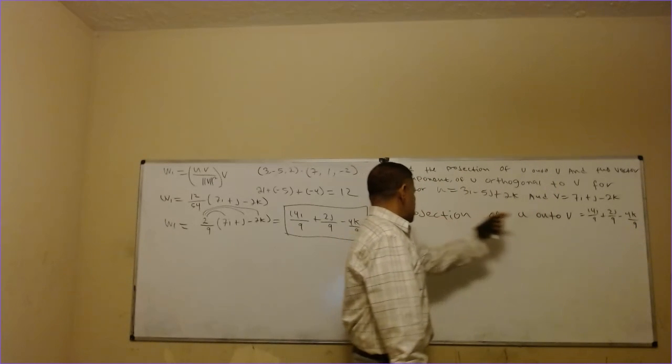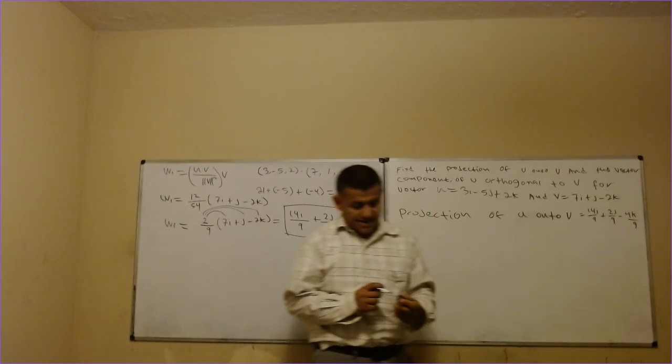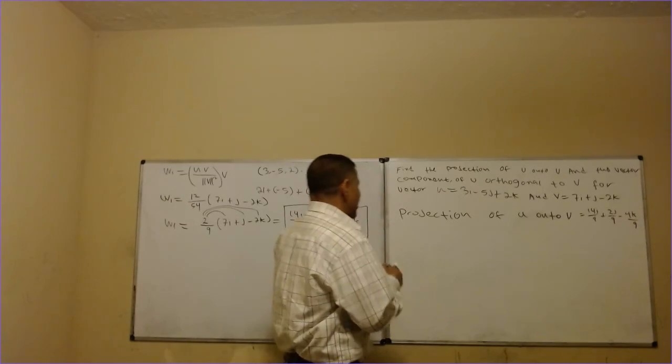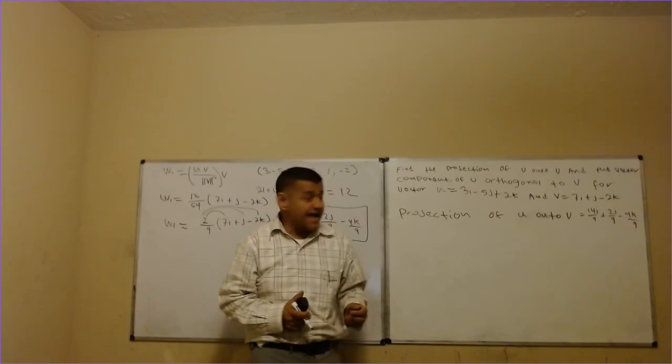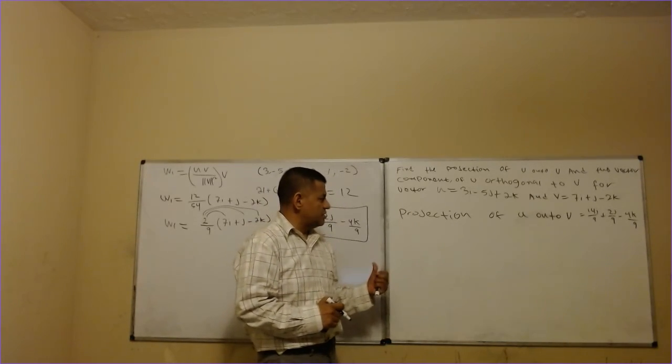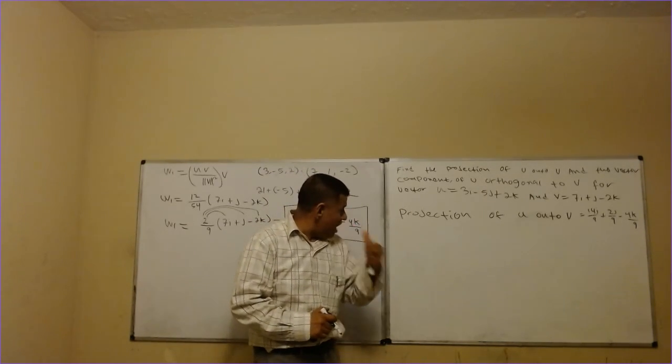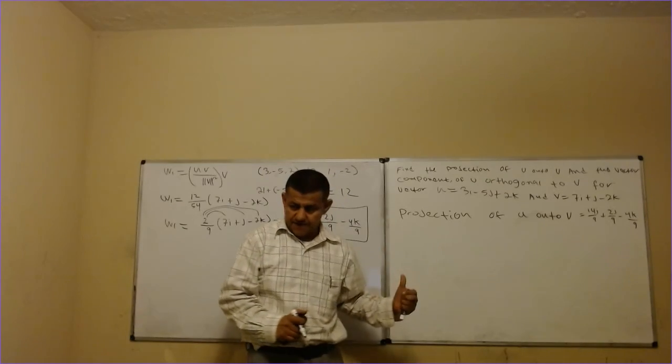So this is the projection of U onto V, right? Now to find the orthogonal component, I have to subtract the projection of U onto V from U, right?